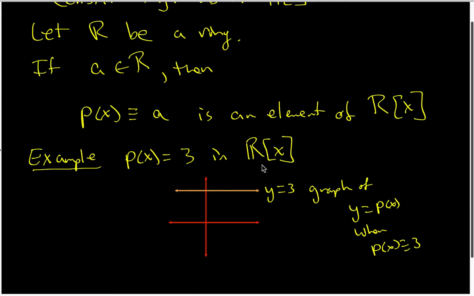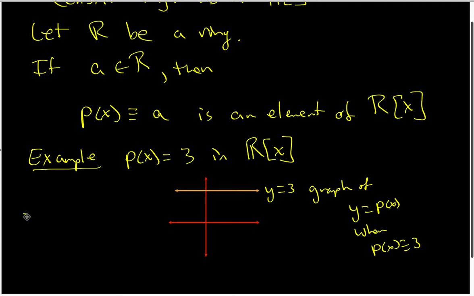So inside of R[x], the constant polynomials are just the horizontal lines. In other polynomial rings, for each of the elements inside R, we wind up getting a constant polynomial.